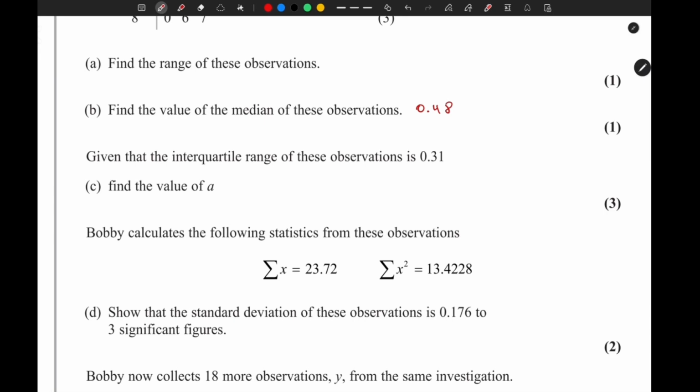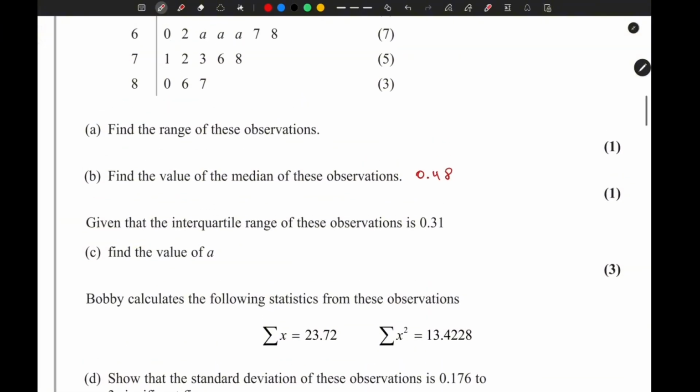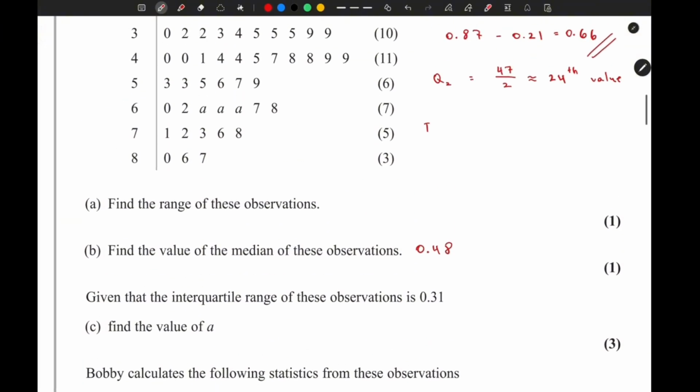So that's our median. Now, given that the interquartile range of these observations is 0.31, find the value of A. We know that the interquartile range, the IQR, equals Q3 minus Q1. Let's first find out where Q3 lies.